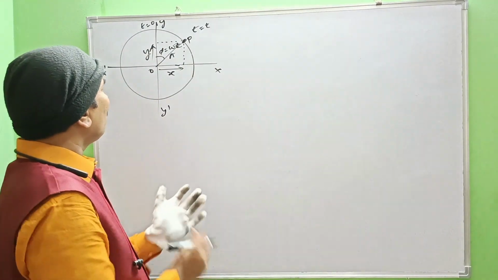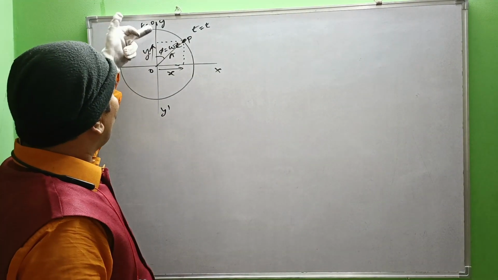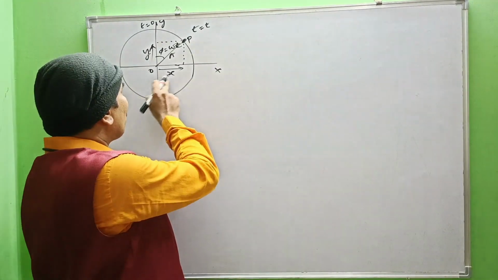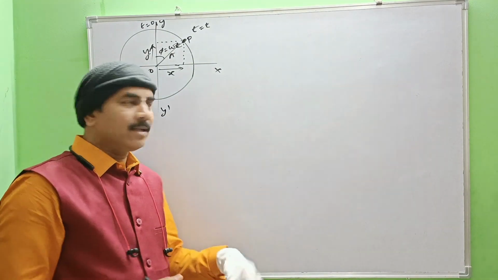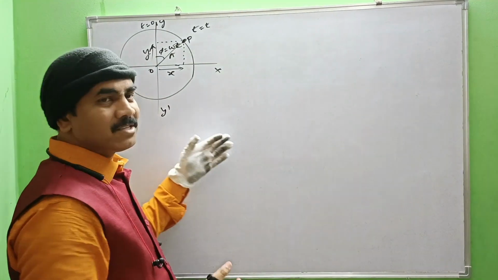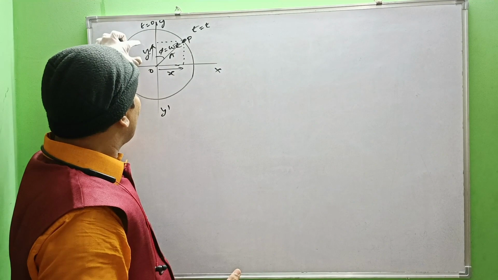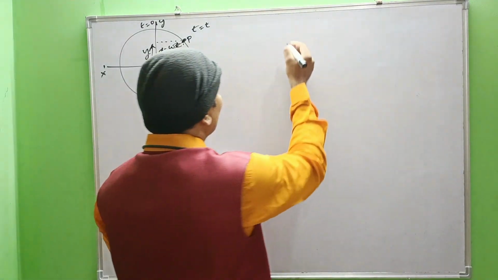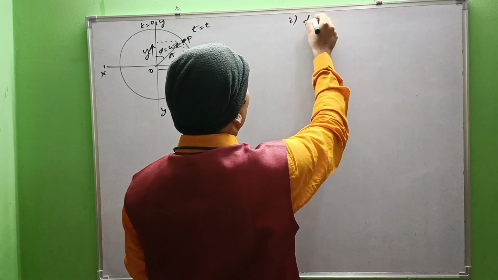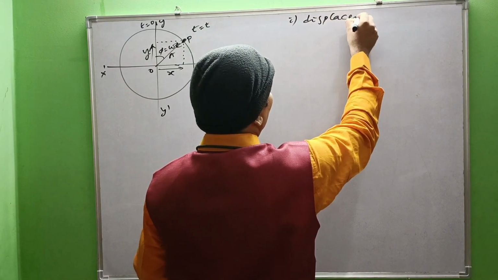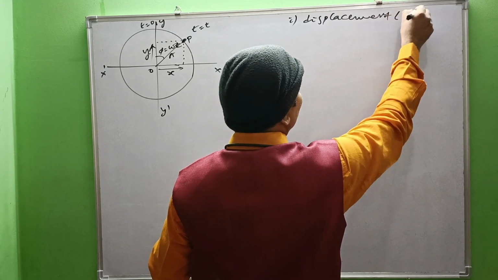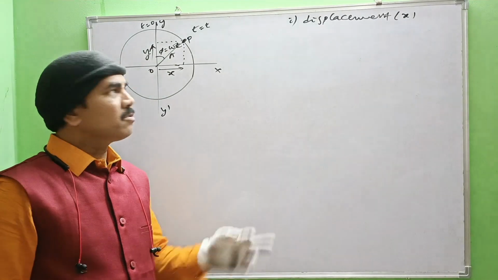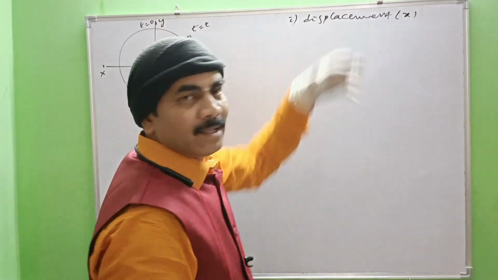Right? Now I took y o y dash as the reference axis. Then I have to consider the displacement on x, that is the projection on x. If I take x o x dash as the reference, then I have to consider the displacement, otherwise the projection on the y axis. So accordingly, what is the expression for displacement here? First one, displacement x. I am interested in taking y o y dash as the reference axis, so that's why I am taking x as the displacement.